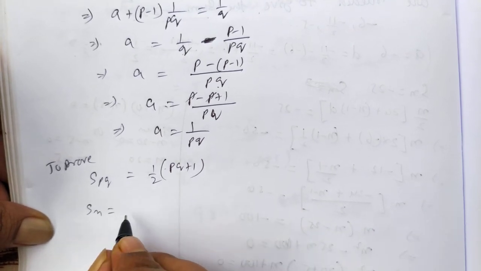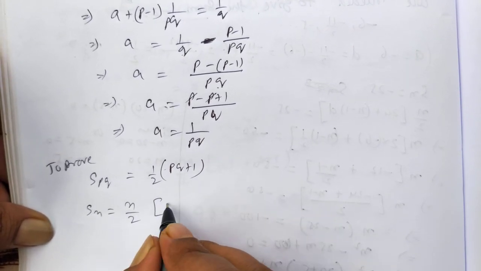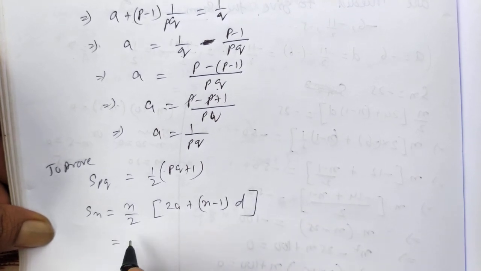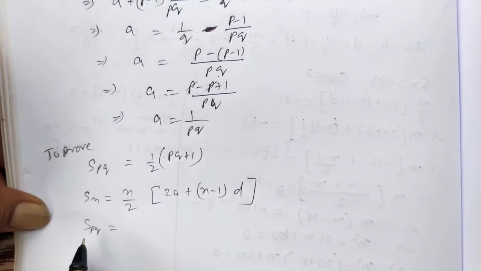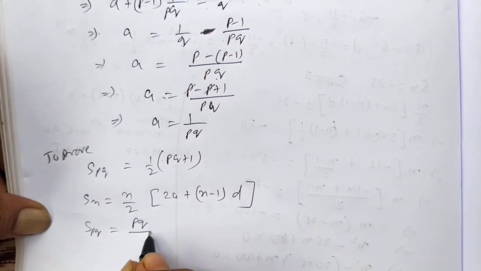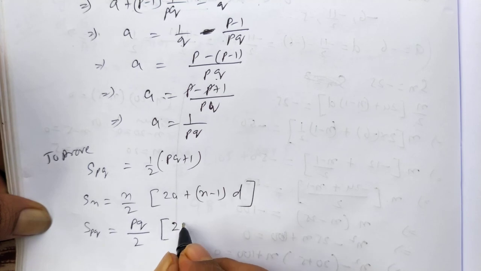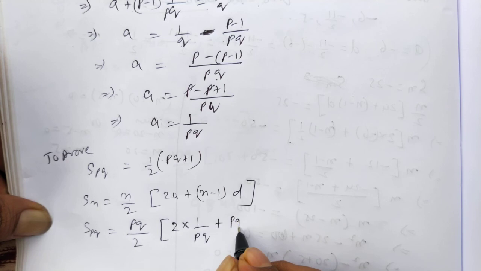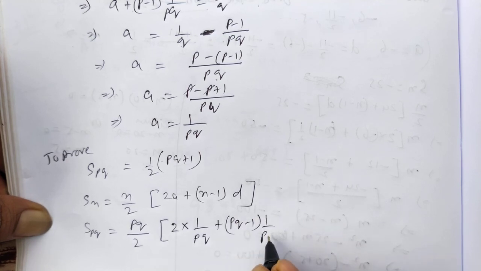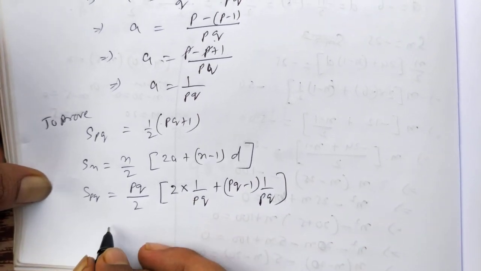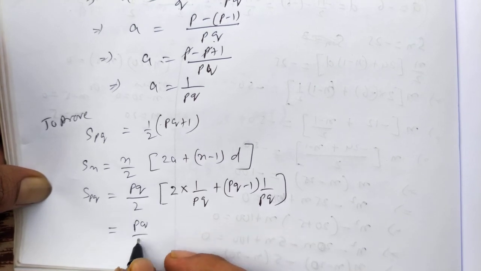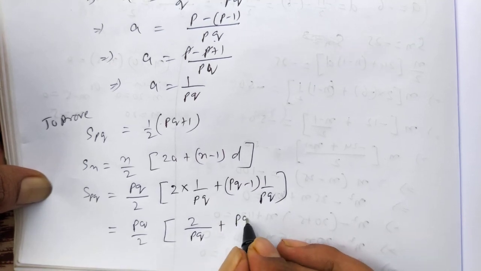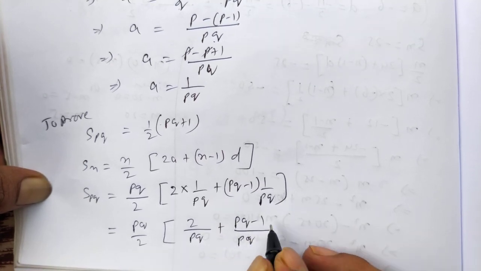The Sn formula is n by 2 times 2a plus n minus 1 d. Put the value, n is pq, as we are going to find Spq. Pq by 2, 2 into a is 1 by pq, plus pq minus 1, d is also 1 by pq. So pq by 2, this is 2 by pq plus pq minus 1 by pq.